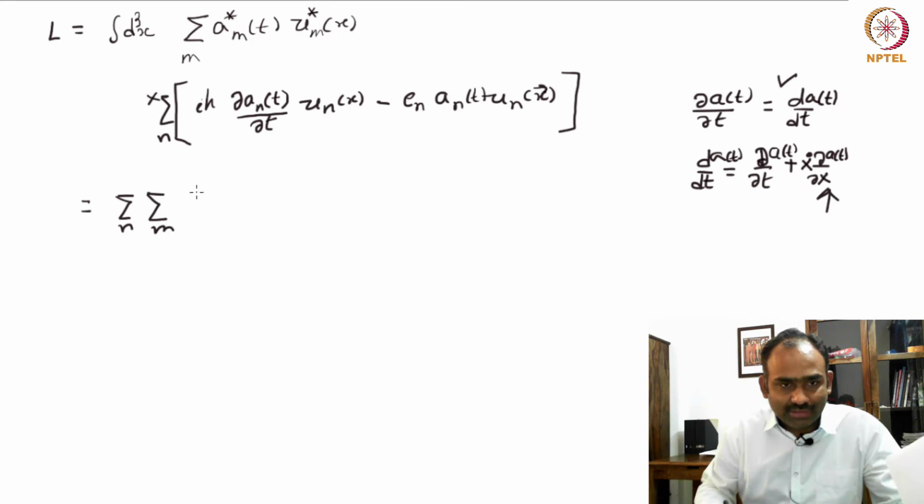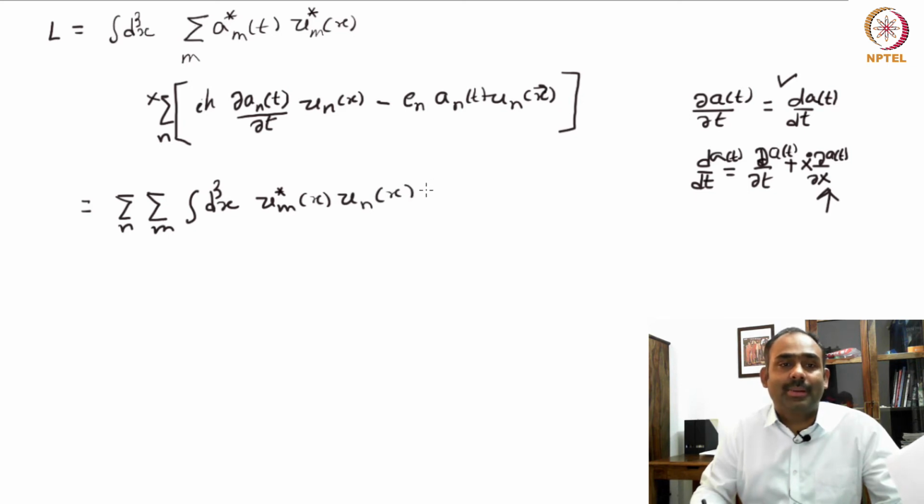So you get integral d cube x u_m star of x u_n of x, times i h bar d over dt, which is a_n dot, I will use a shorthand notation, minus E_n a_n.